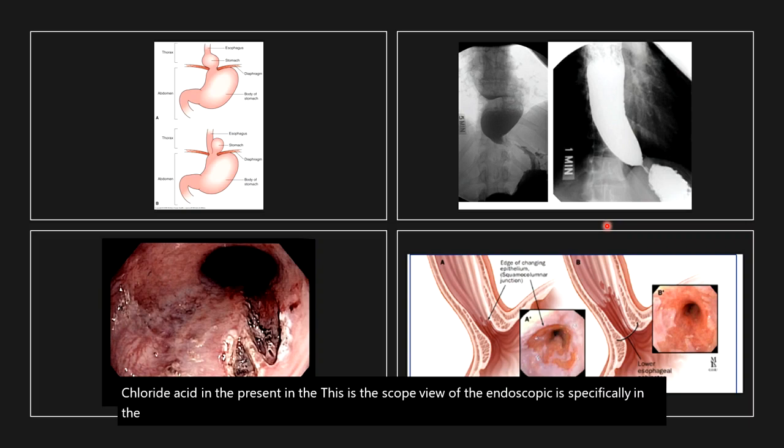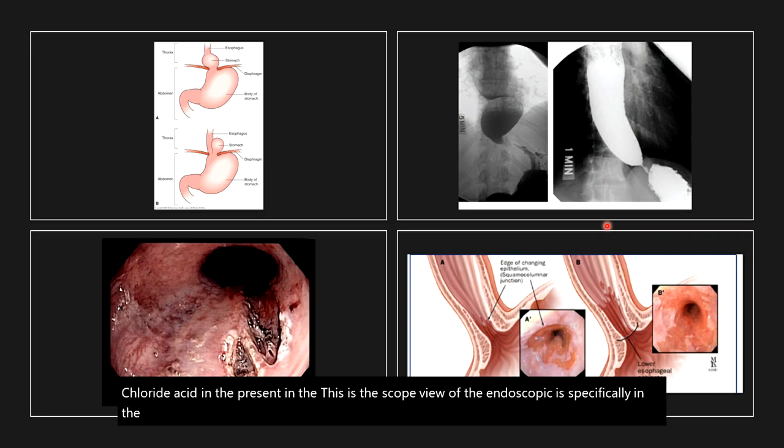One of those complications, by the way, is the presence of acid in the gastroesophageal junction. When that happens, metaplasia can occur, followed by dysplasia, and that's what we call Barrett syndrome.